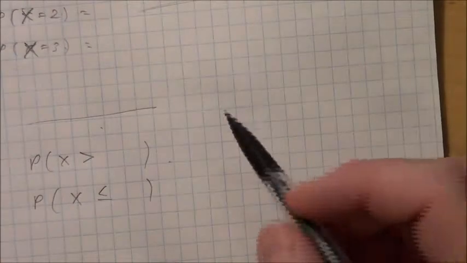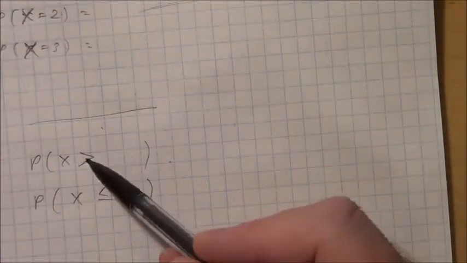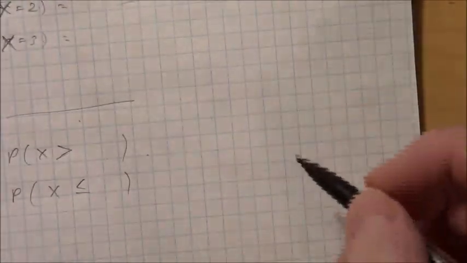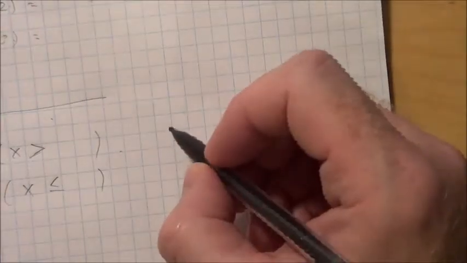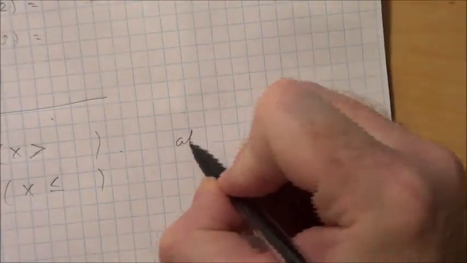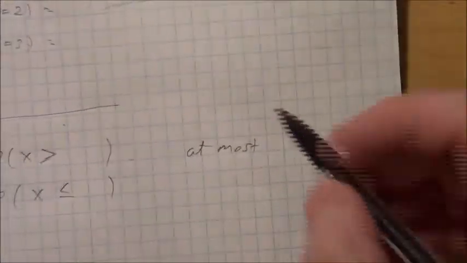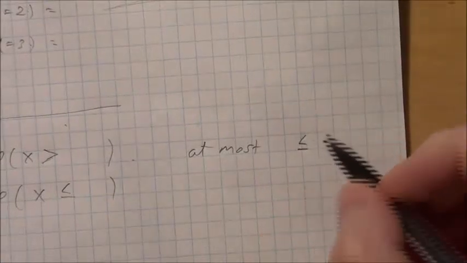And along with values that are inequalities come words that are useful to us. So we can say at most. If we're talking about at most, that means it's going to be less than or equal to.